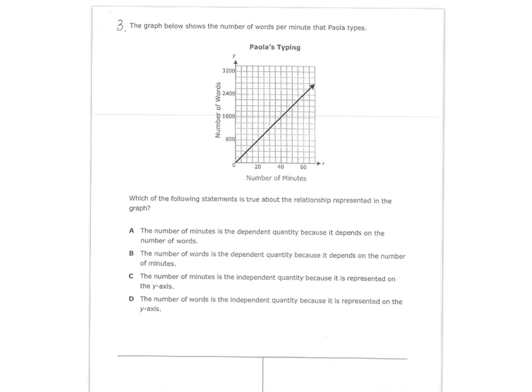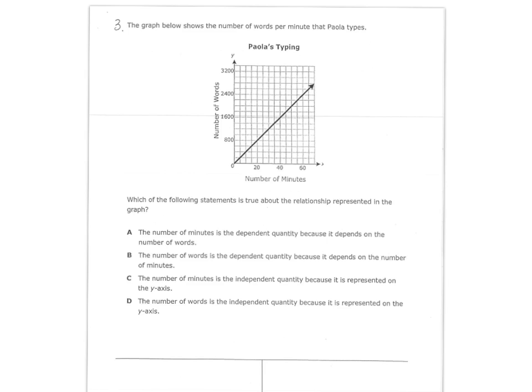The graph below shows the number of words per minute that Paola types. Which of the following statements is true about the relationship represented in the graph? Okay, so we know that the x-axis is normally our independent variable. The y-axis is our dependent variable. Let's see what the choices say. The number of minutes is the dependent variable because it depends on the number of words?